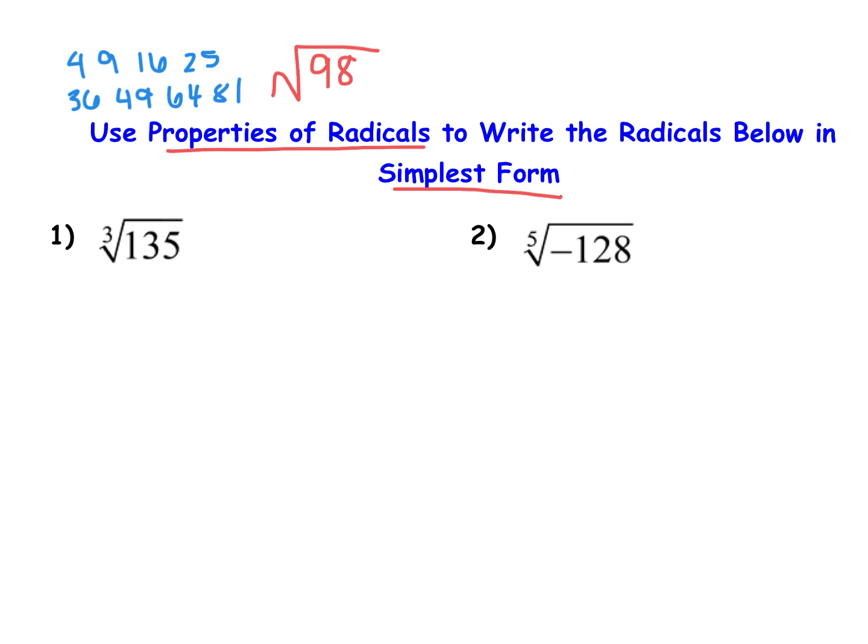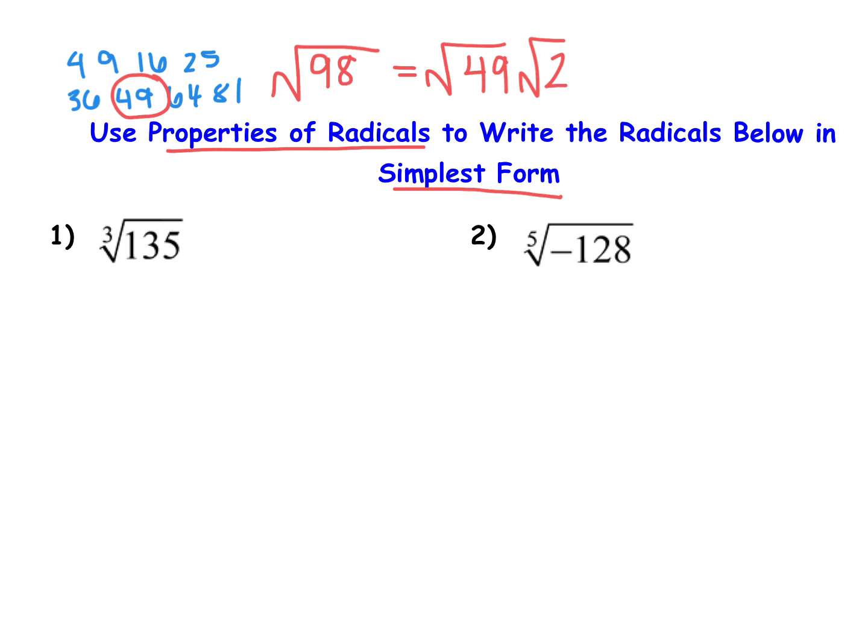We would look at these perfect squares and use our calculator, or our brains if you're good at division, to determine which of these perfect squares 98 is divisible by. If I divide 98 by all of these perfect squares that are smaller than it, I would find that 98 can be rewritten as the square root of 49 times the square root of 2.